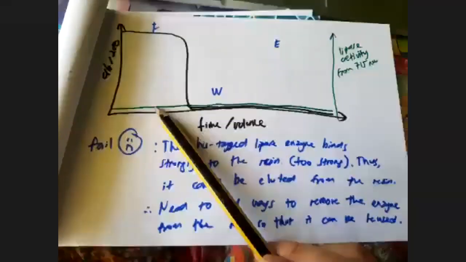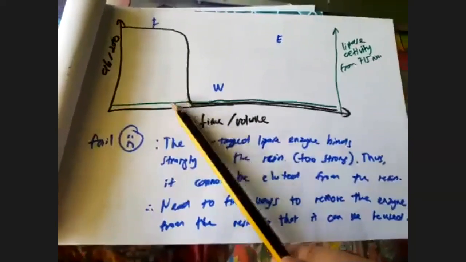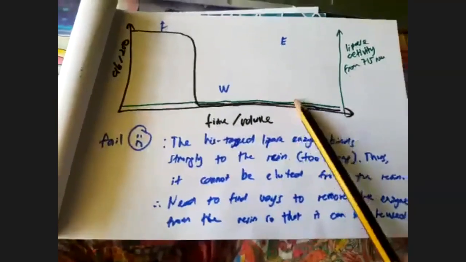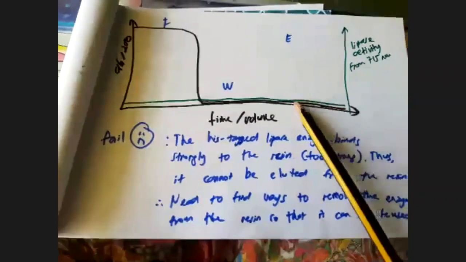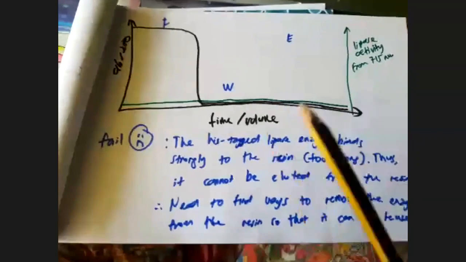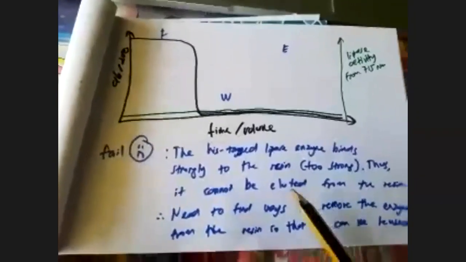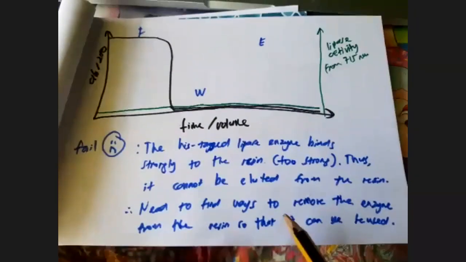If your target protein is stuck in the matrix, in the resin, and cannot be eluted here, you need to find a way to flush all your target protein out of the matrix to make sure your resin can be used again. Otherwise, you will throw away your resin, which is so expensive to be thrown away.